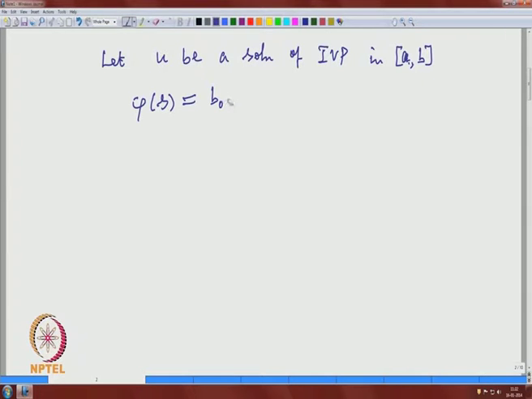So, we form this phi of s equal to b0 u(b, s) plus b1 u dot(b, s) minus beta, where we emphasize the dependence on s.